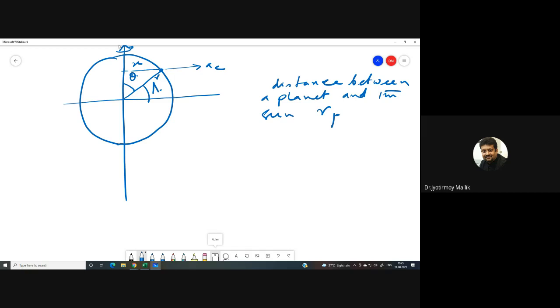If the mass of the sun is S, what would be the expression for the gravitational acceleration? G S by Rp square. And that will be equal to my omega square Rp.